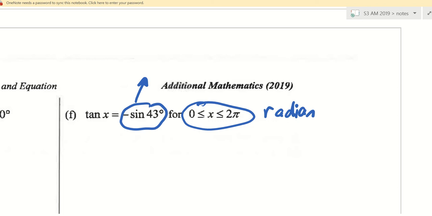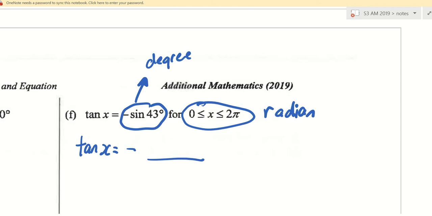So what you need to do is, first, write down tangent x equals to minus what value? Everyone take out a calculator, press sine 43 in degree mode. Now, please do the exercise, otherwise you are just blindly copying numbers. You don't know what's going on.